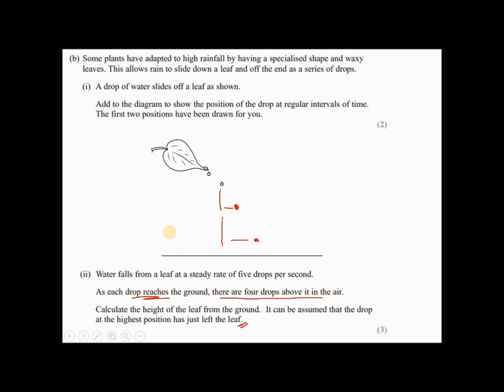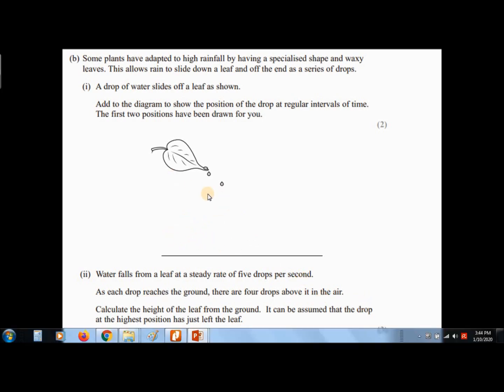So what I am doing is, let's suppose something like this. So you see that when the first drop reaches the ground, there are four drops in the air, one, two, three, four, and the rate of falling drop is 5 drops per second.